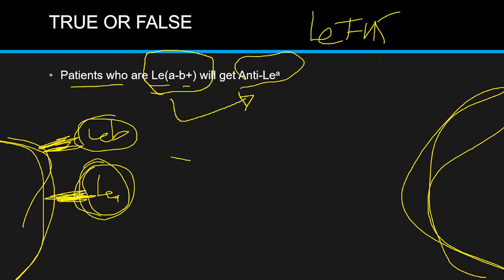Hindi na siya maaalis. This one constantly goes in and out of the secretions. But this is always present regardless of your status. The fact that you've inherited an LE antigen means that you have both of them. Okay? So the correct answer is false.